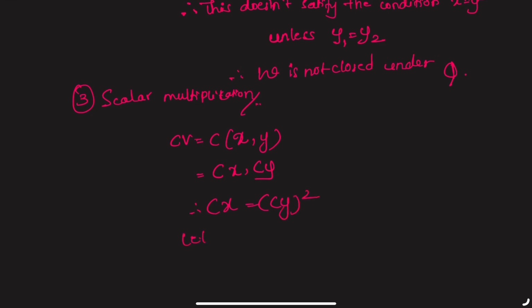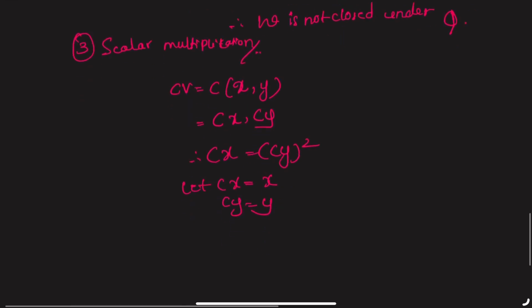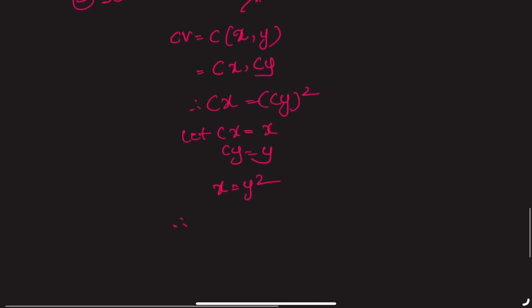If I take the assumption that cx is x and cy is y, and replace, I can say that it is closed under scalar multiplication.